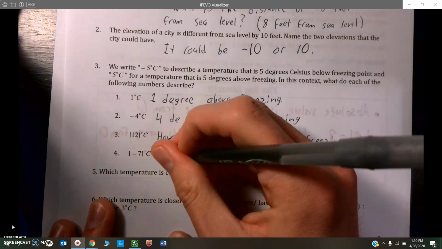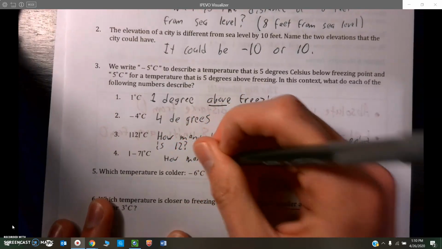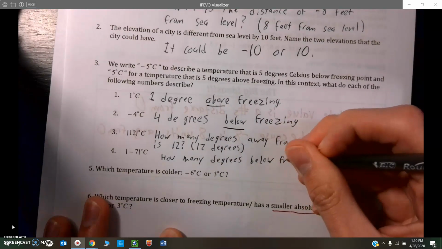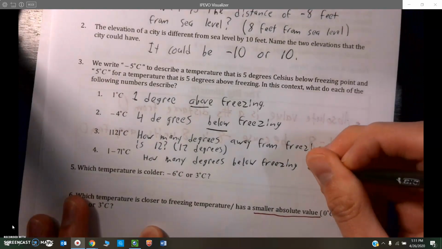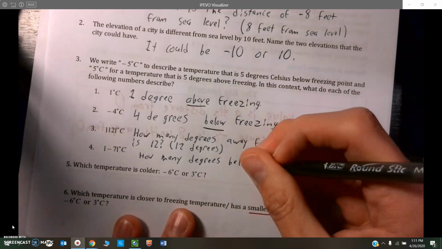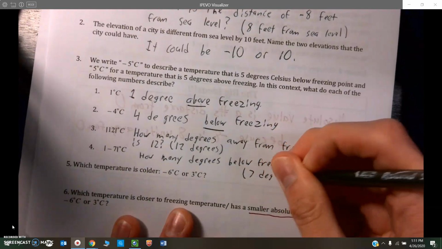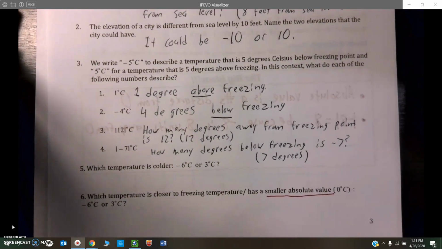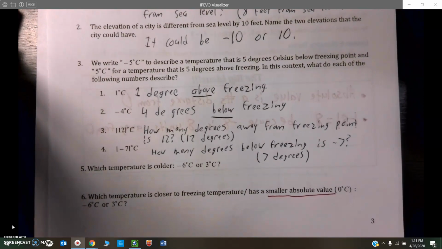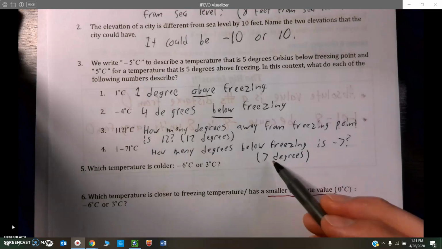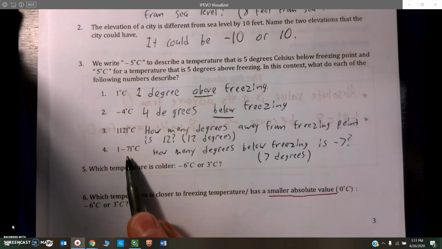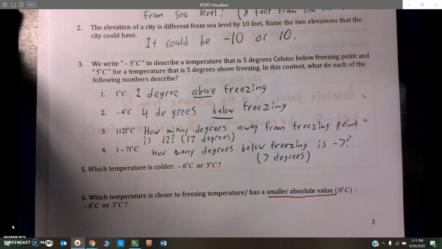And -7: how many degrees below freezing is -7? It is 7 degrees below. So once again, when we write absolute value, it's always just about the distance from 0. When you talk about distance from 0, the answer is always going to be positive. This is 7 degrees below 0, but how far away from 0 is that? 7 degrees away from 0.